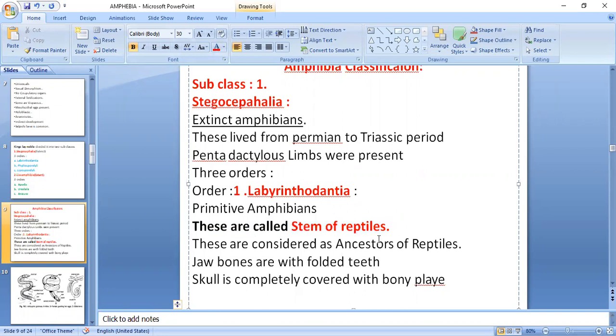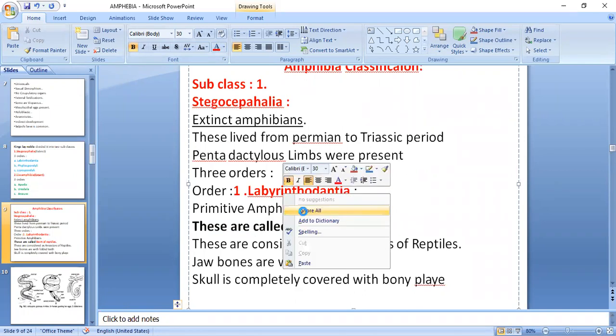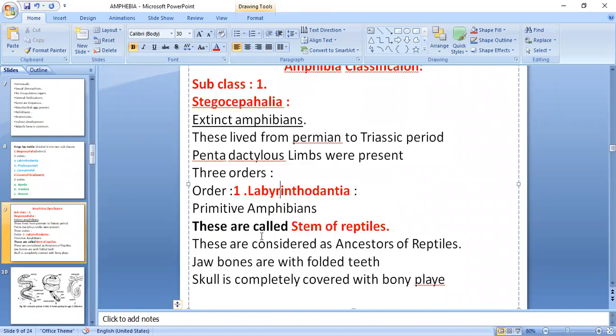From this group, the reptiles originated. So these are considered ancestors of reptiles. And what is the meaning of Labyrinthodontia? The jawbones have folded teeth. Simple, right? The skull is completely covered with a bony plate.